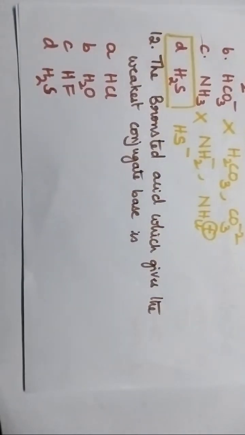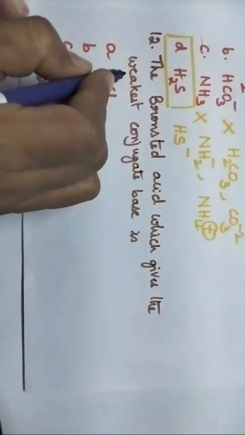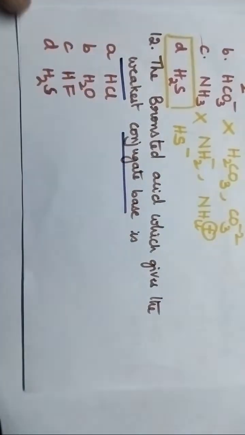So coming to the 12th question, the Bronsted acid which gives the weakest conjugate base. So you have to identify an acid which gives the weakest conjugate base.